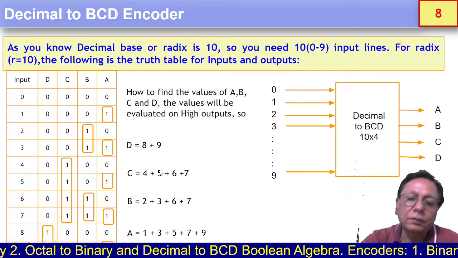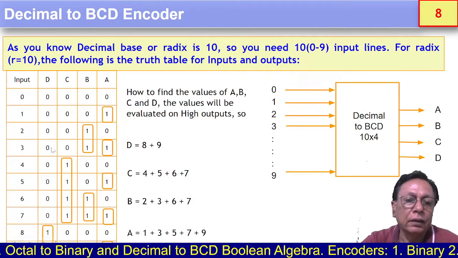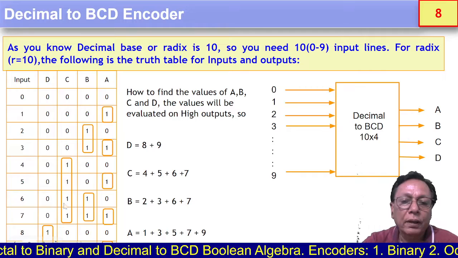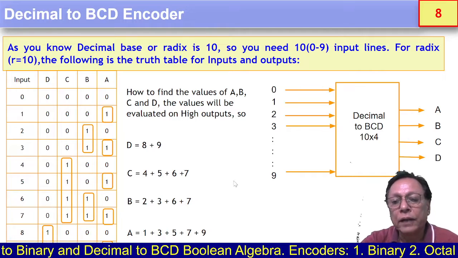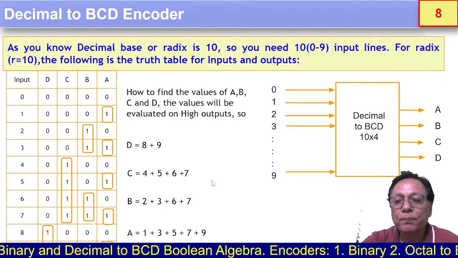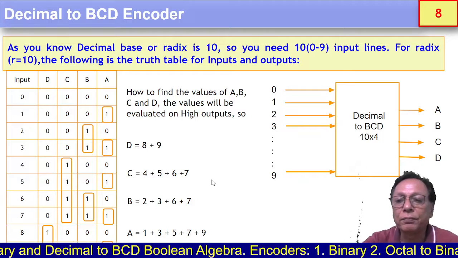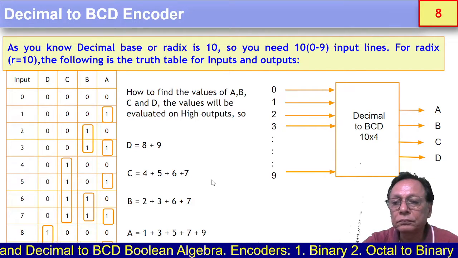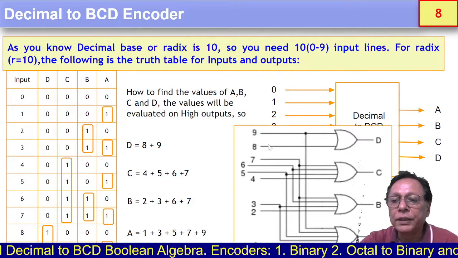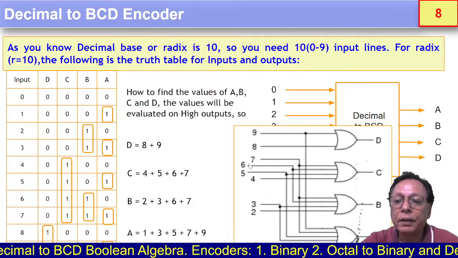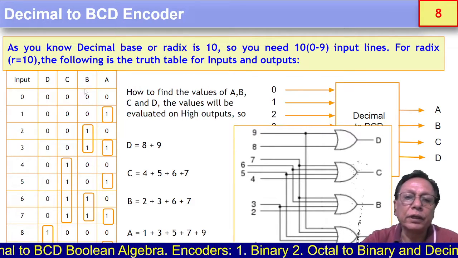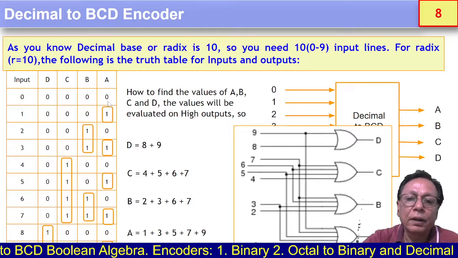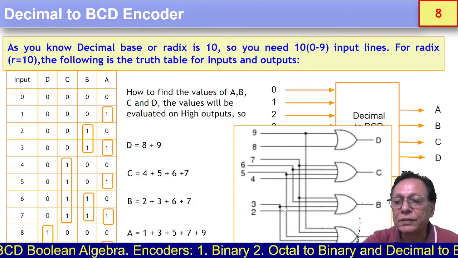So depending on these inputs and these outputs, the encoder will be like this. And this is again taken from the book. So see here 1 to 9. 0 is not giving any output, and that is why I have discarded it.